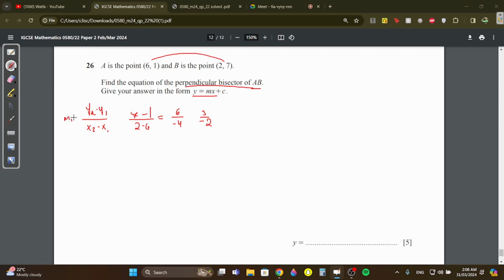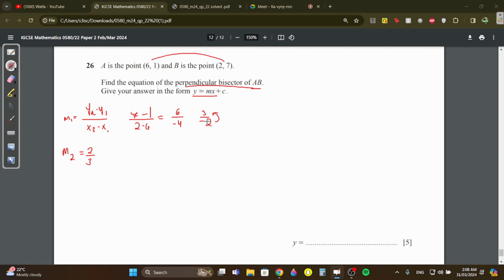So we call this m1. Can I find the perpendicular slope? The perpendicular slope will be the negative reciprocal. So flip it, that's what reciprocal is, and then negative, so change the sign. So 3 over negative 2 becomes 2 over 3. So my second slope is 2 over 3.